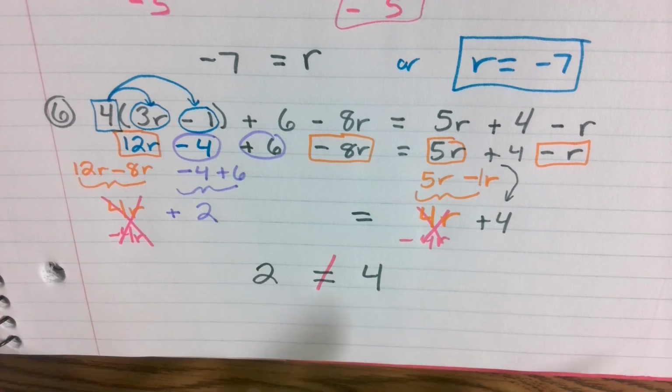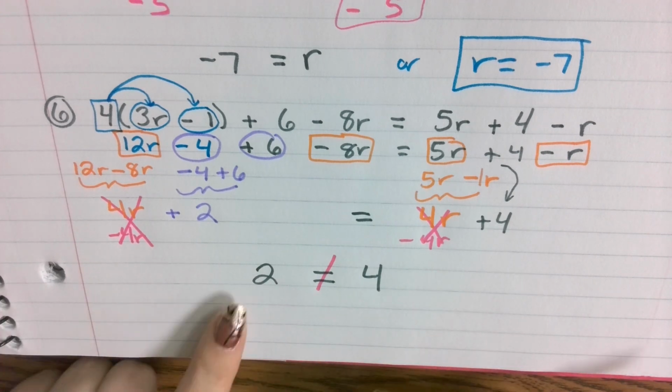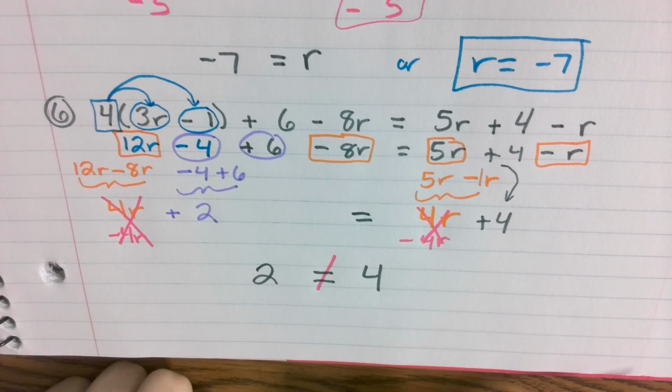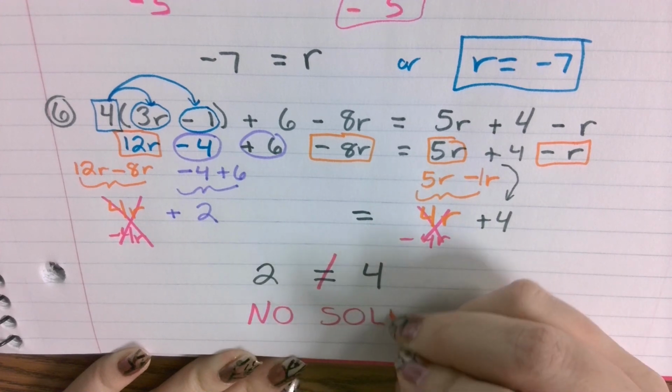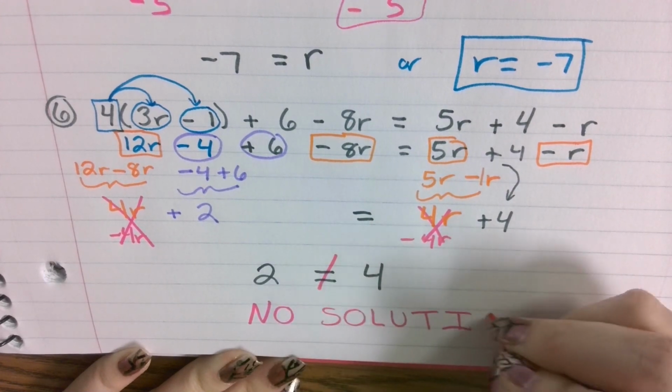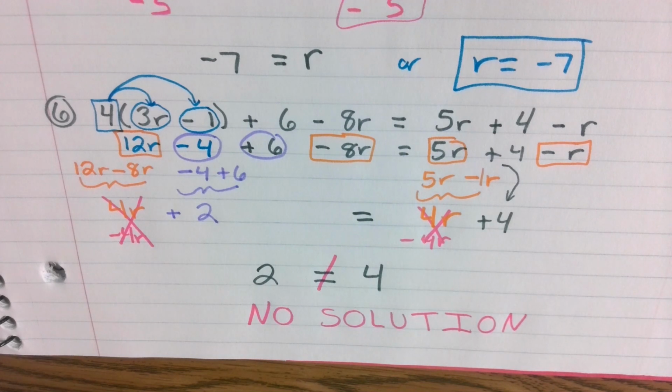If they are balanced, so let's say it was 2 equals 2 or 4 equals 4, what kind of solution is that? Infinite. Infinitely many or all reals. But this one is no solution. You need to be aware of your solution types. Okay? All right.